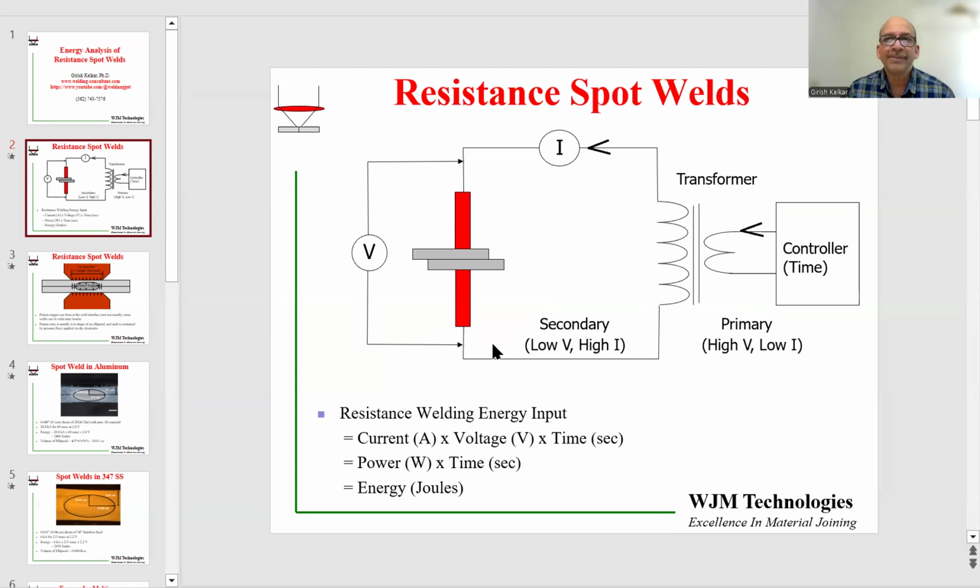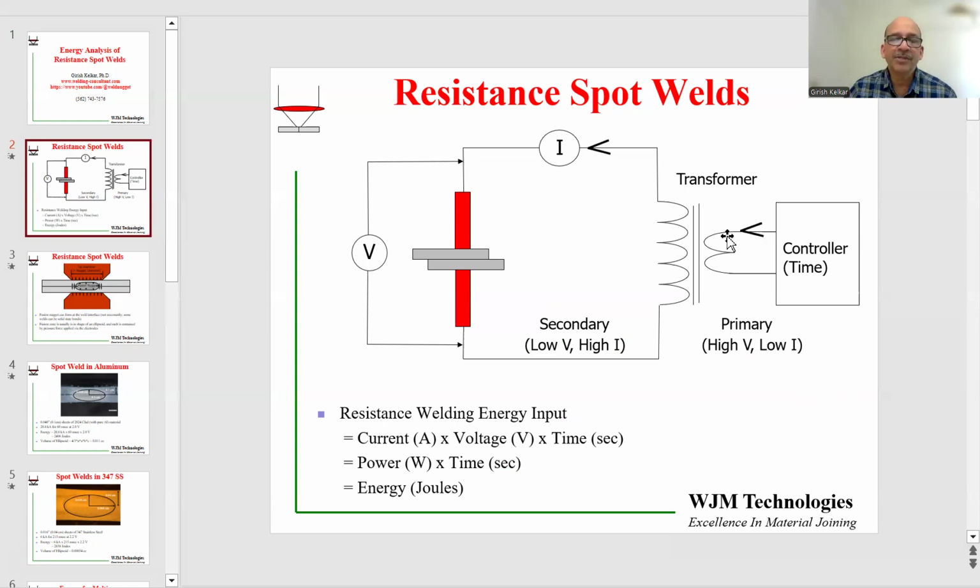The resistance weld, as shown as a schematic in terms of the equipment, is made of a controller and a transformer. In some situations, the controller and transformer are in a single unit, so you might not actually physically see those two as separate. The controller is where you control the time, and you also control the input current and voltage depending on the control modes.